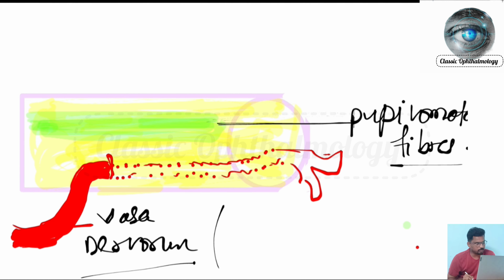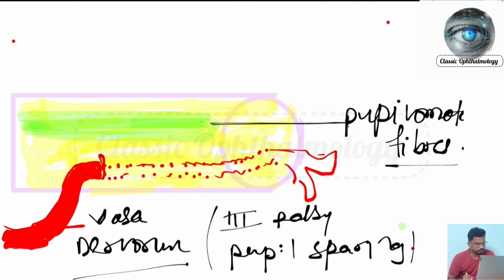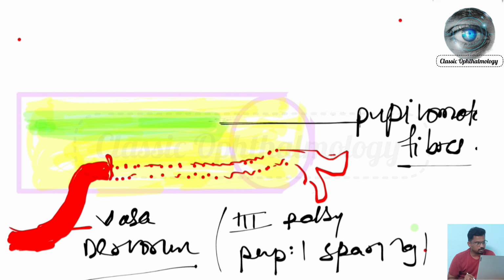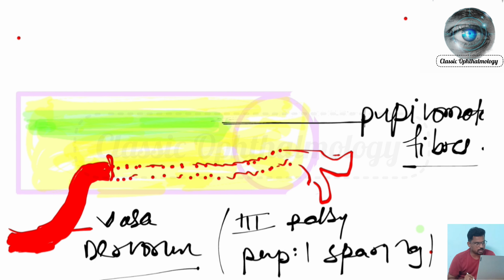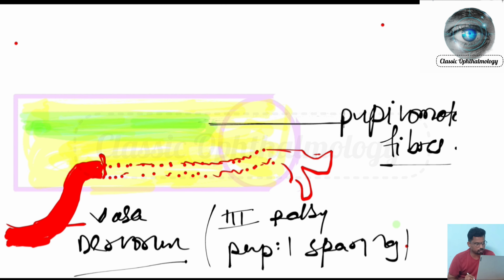So these are damaged in microangiopathy, such as diabetes or hypertension, and hence the pupillomotor fibers are usually spared. Okay, because the pupillomotor fibers are not supplied by these vasa nervorum. So microangiopathy does not involve the pupillomotor fibers.